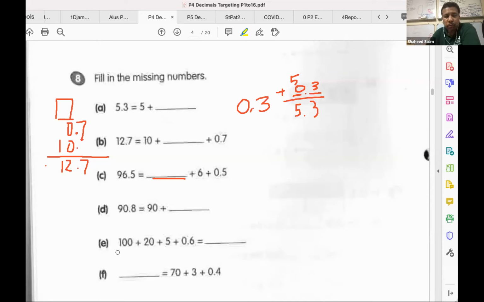Well done, Putra, for question number E. Well done, Miss Amara, for question B. Putra, correct for the last one. Congratulations.